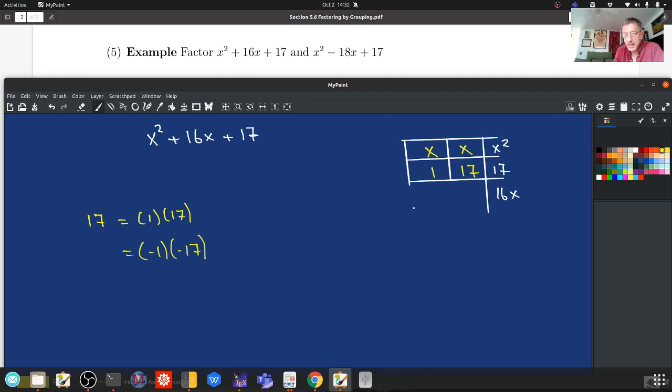Well, that's x plus 17x. That gives me 18x, so that doesn't work. No go. And if I use minus 1 and minus 17, I would get a minus 18x. No go. So this polynomial is prime.